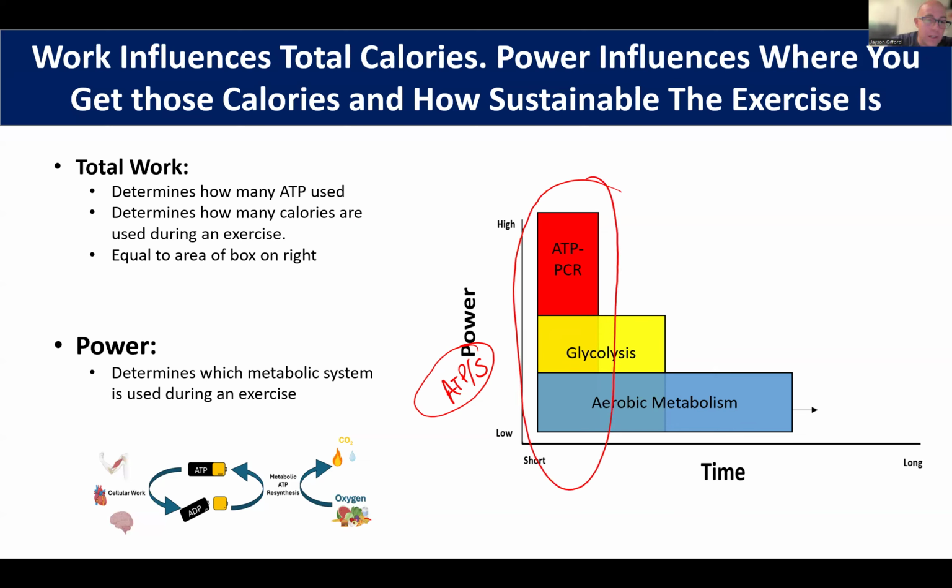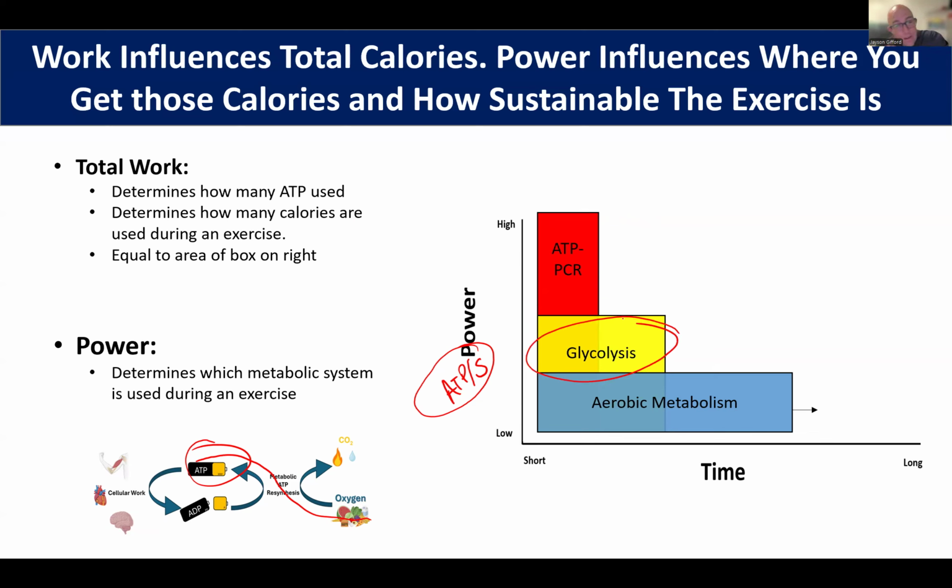That's where you're going to recycle your ATP. It's a one-step process. You can recycle that ATP very quickly so you can go through more muscle contractions and run very quickly. The problem is you only have a little bit of phosphocreatine stored, only enough to fuel you for like 30 seconds of maximum exercise. It can get you through explosive things, but not something you can sustain for a long time.